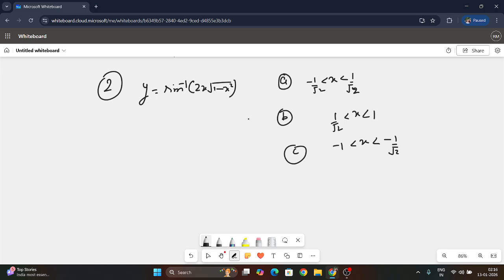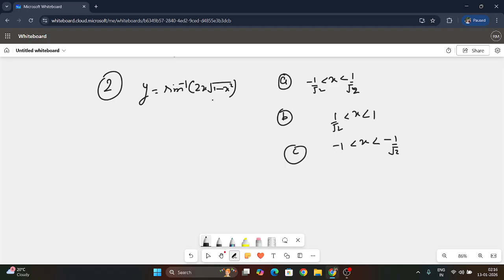Please keep in mind that here we have to use a substitution, and you should be confident that in this case we substitute x by sin theta or cos theta. Then this is going to be in the form of sine 2 theta, and we can solve that. Otherwise it's going to be difficult.